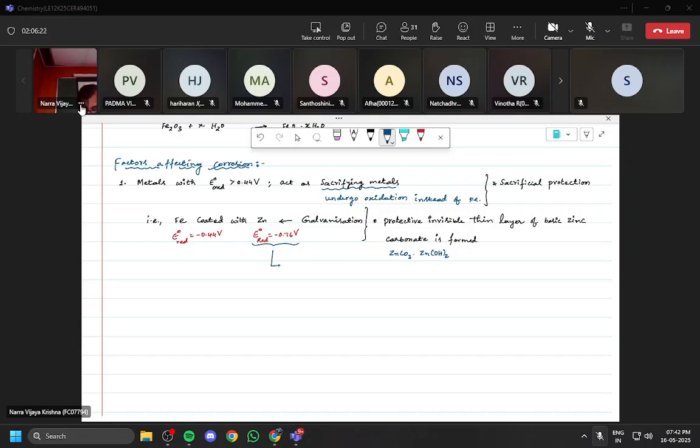So more electropositive metals prevent rusting of iron. Example: zinc, magnesium, aluminum, etc.